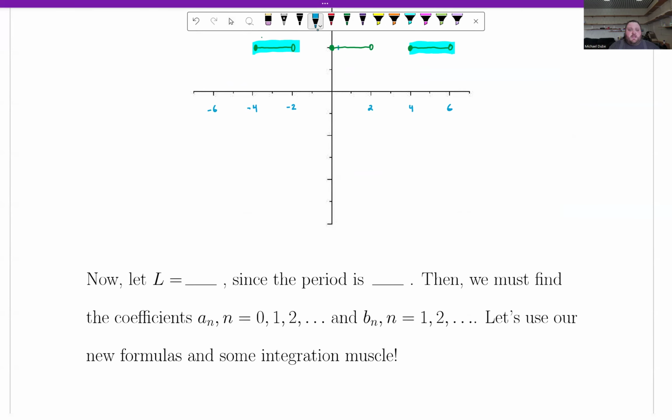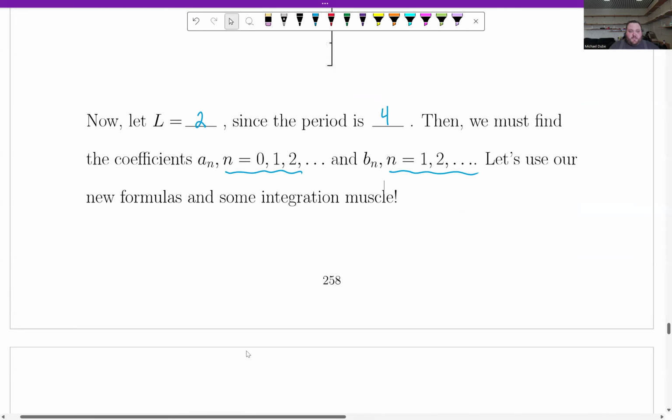Now let L equal 2, since the period is 4. Then we must find the coefficients an for n is 0, 1, 2, etc., and bn for n is 1, 2, etc. Let's use our new formulas and some integration muscle. So first we want to find a naught.